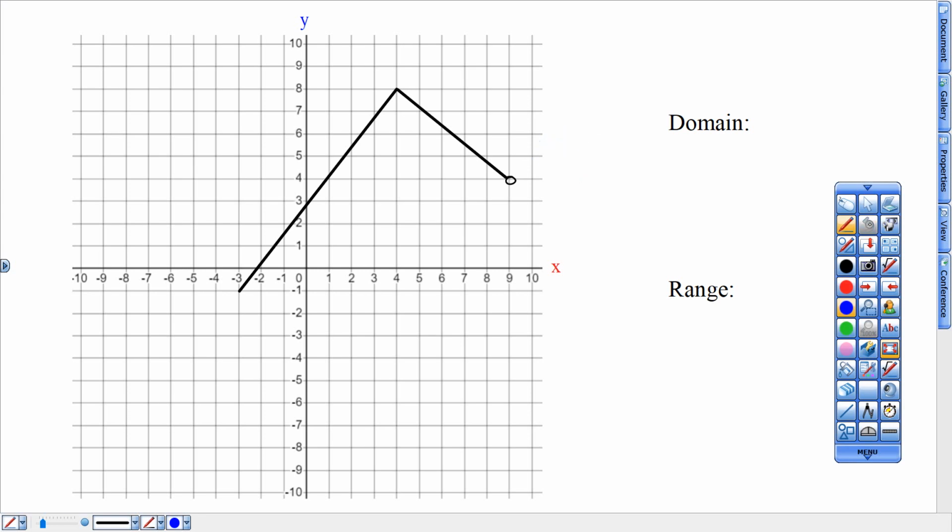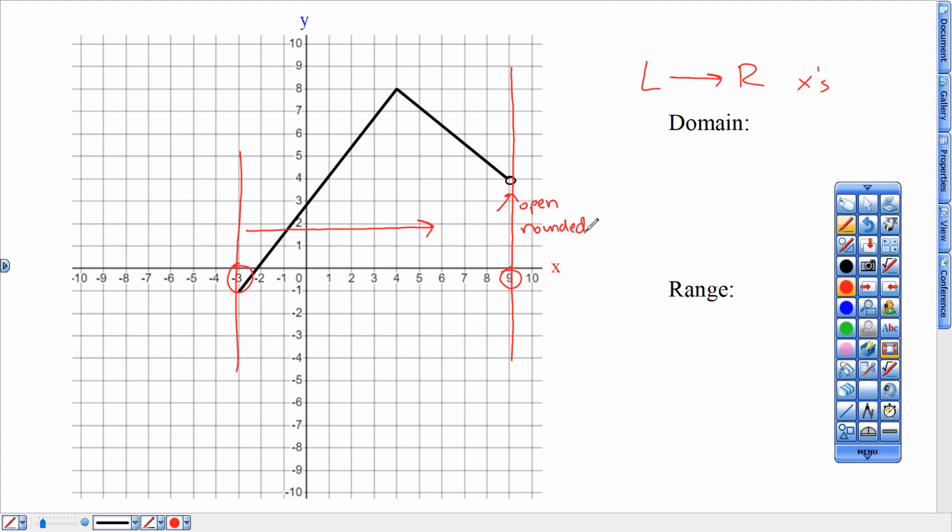So here I go. Domain is measured from left to right using the X numbers. If I look from left to right, this is going from -3 all the way to an imaginary boundary right here at 9. But since this is open right here, I use a rounded bracket.